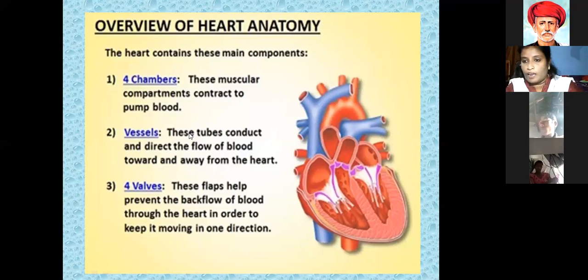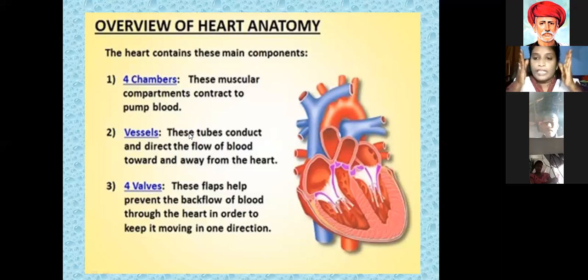These are all the main components of the heart. Keep in mind this is the functioning of our heart. The main components are four chambers, vessels, and four valves.